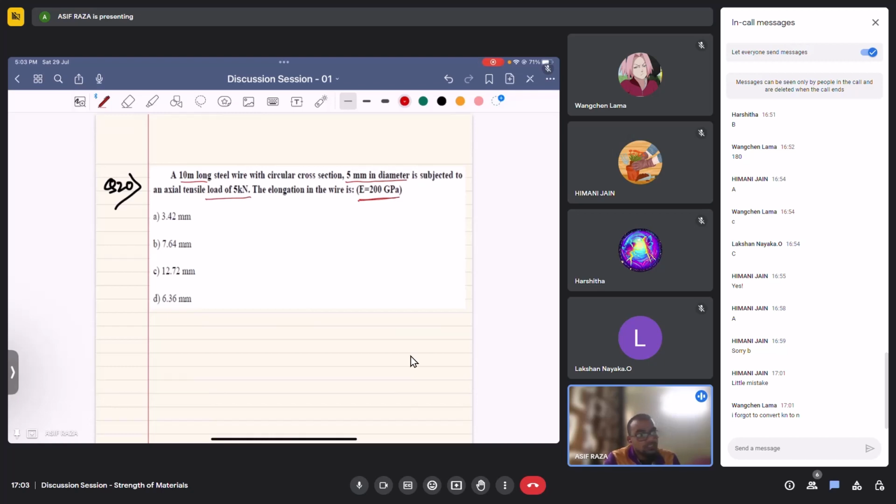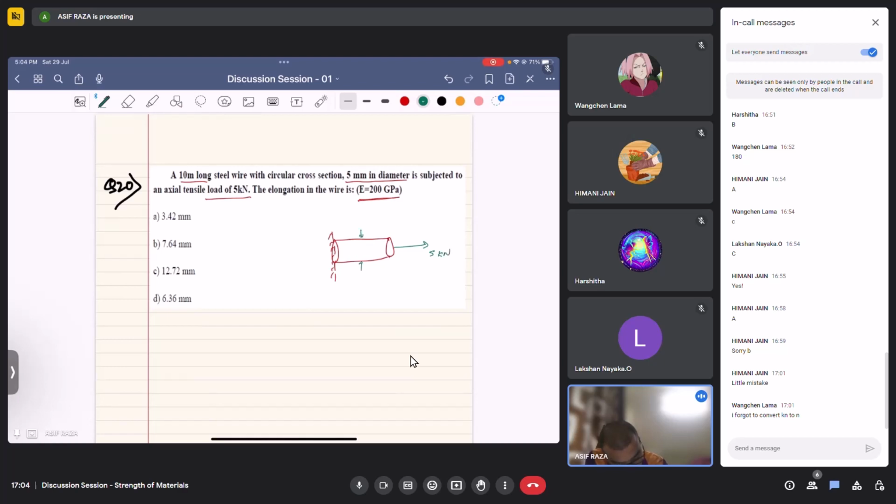I'll wait for some time. Meanwhile, I'll draw the FBD pertaining to this problem. Let's again draw this. Suppose I continue this here. Apply a force of 5 kN.